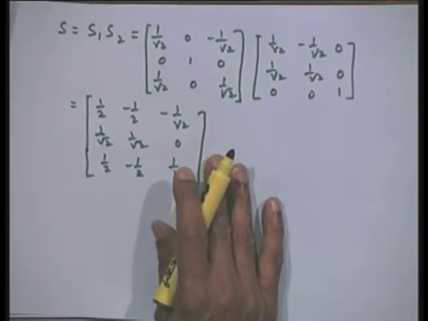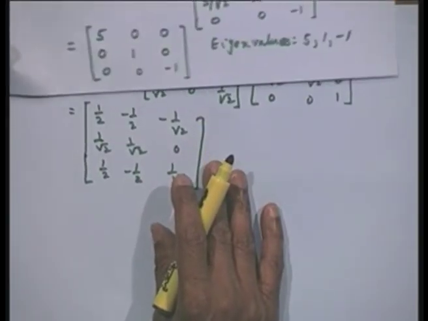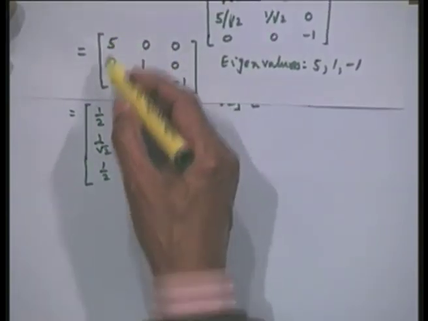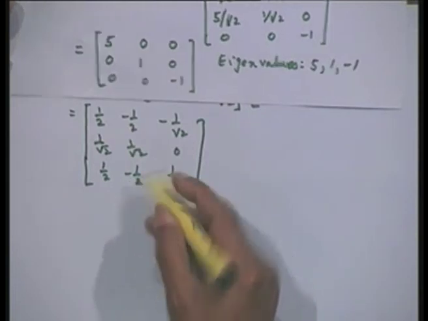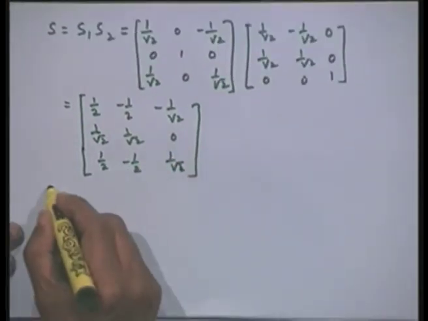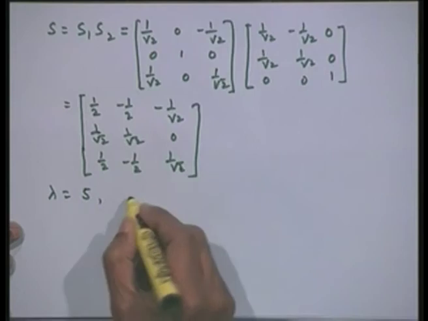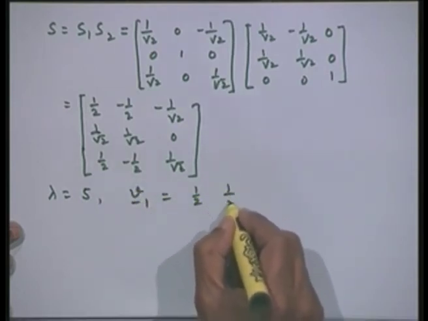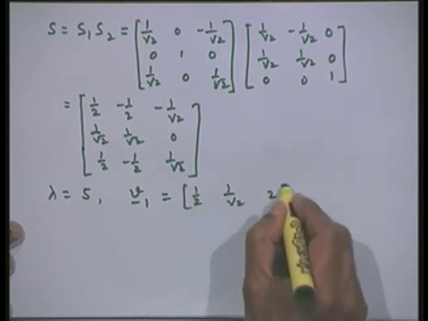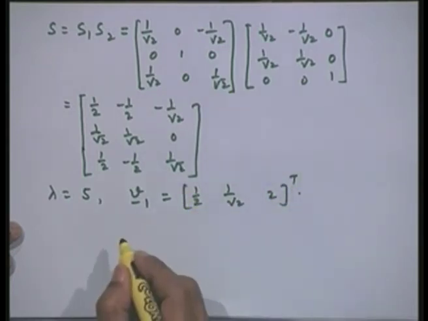We said that the correspondence of the eigenvalues and eigenvectors is the first eigenvalue first column, second eigenvalue second column, or the corresponding eigenvectors. Therefore, lambda is equal to 5 and let us call V1 as our eigenvector, that is half, 1 upon root 2, half as the eigenvector.